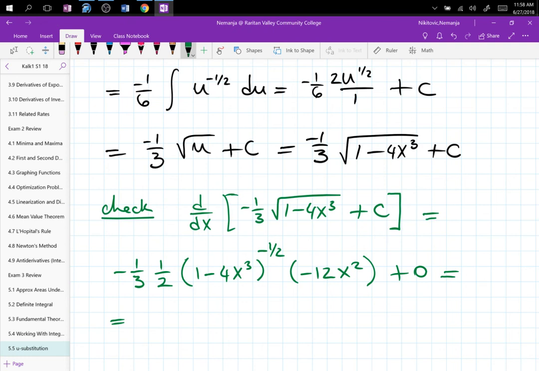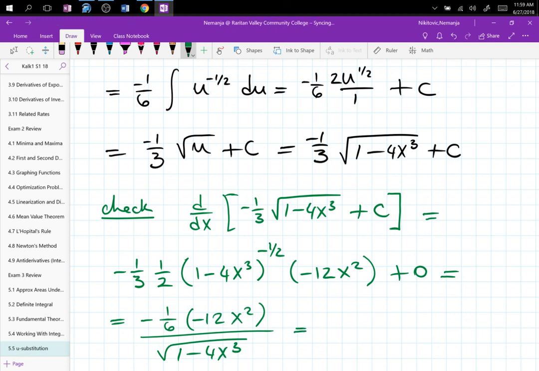So now I have negative and negative positive, and so this is -1/6 times -12x squared divided by the square root of 1 minus 4x cubed. So now this is 2x squared divided by the square root of 1 minus 4x cubed.